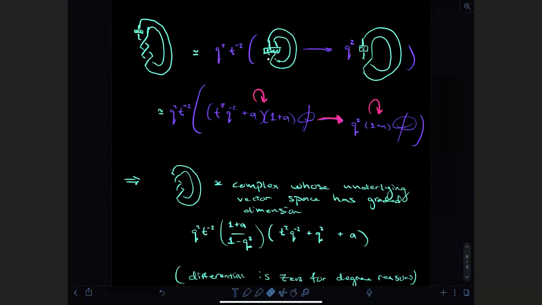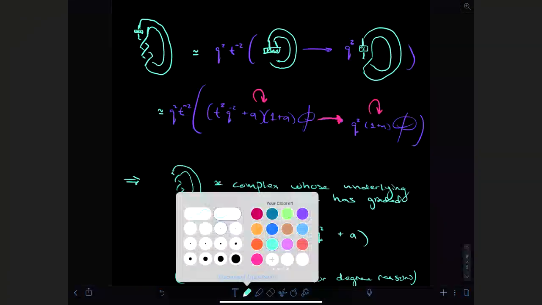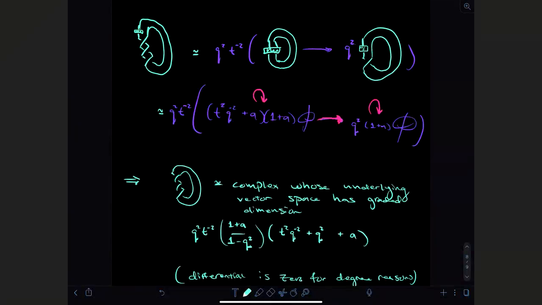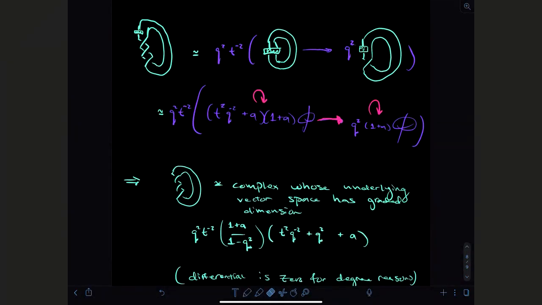The first term, that crossing gets absorbed by the symmetrizer. The second term, we have a positive Reidemeister 1 move that we can use, so that disappears.